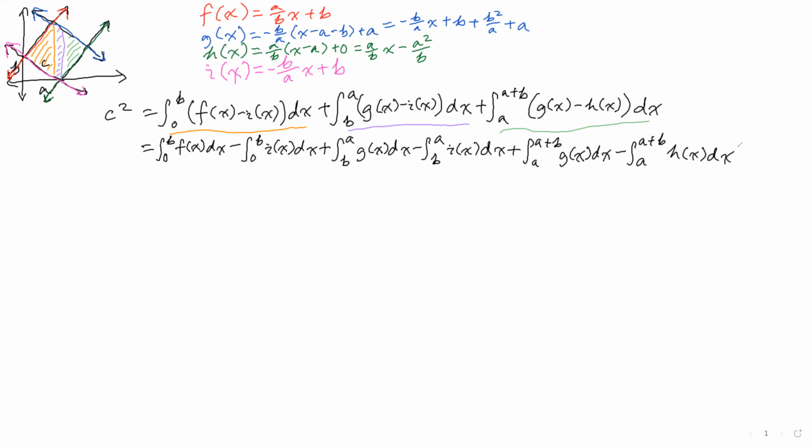And then you'll notice that we can combine some of these. Like, we have the i of x going from 0 to a, but negative, of course.